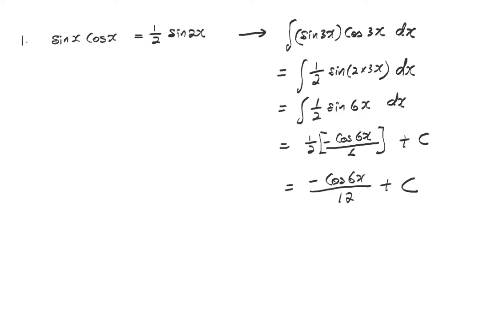Second double angle. Okay, the second double angle is: if I have cos square x minus sin square x, I can write this as cos 2x.